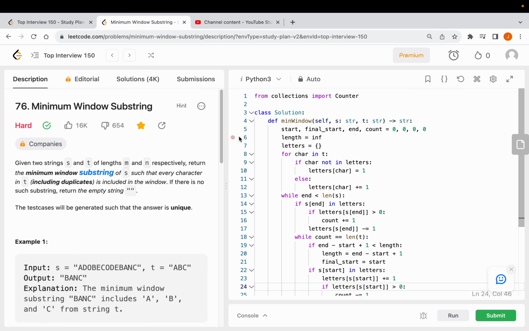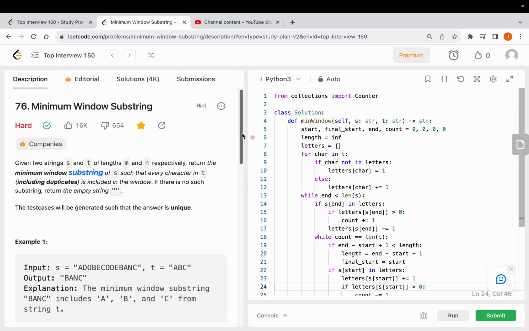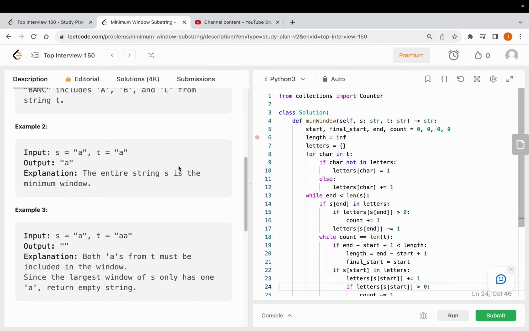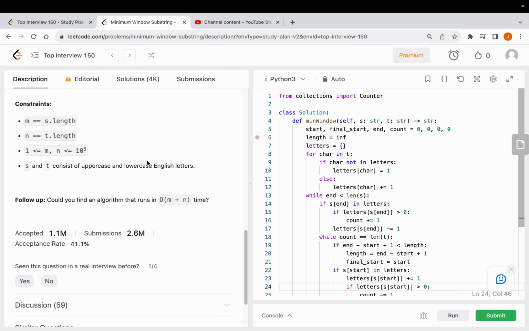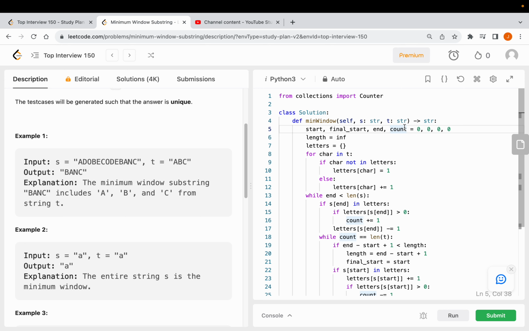All right, so let's look at the optimal solution here. We can only use example 1, I guess. So we have some variables to help us.